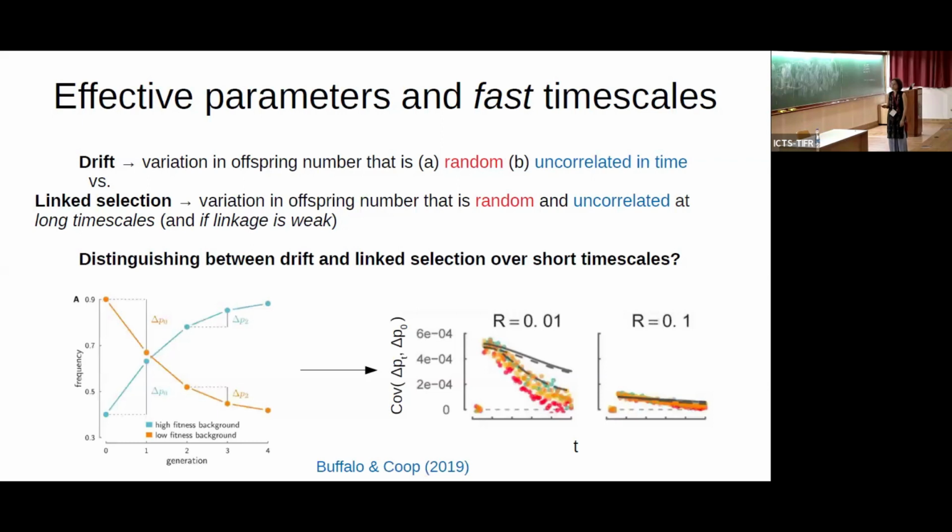And there was a nice paper by Buffalo and Coop a few years ago where they showed that if you looked at allele frequency changes across successive generations, and you have a situation where there's a lot of fitness variation, so if the allele frequency change for a particular allele is positive, and this is because it's associated with a fit background, then it continues to be associated with a fit background for at least a few more generations.